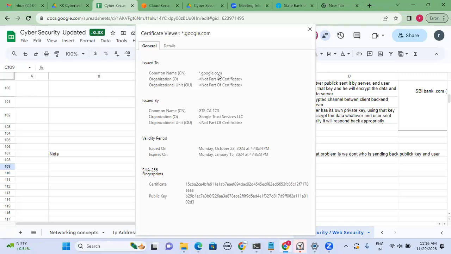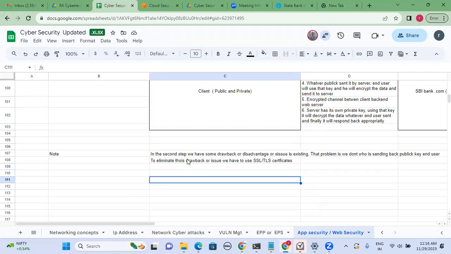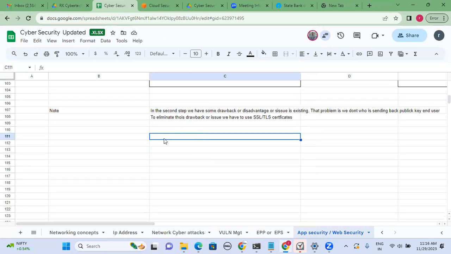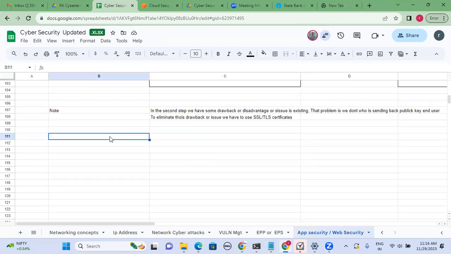So that is the way we can identify. If it's a hacker website, we can't identify that. And some test related domains will be there. Clear now? So for that, we have to use SSL TLS certificates. Now I will move on to what an SSL TLS certificate is. I will explain, give me some time.